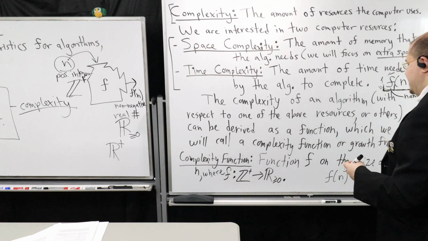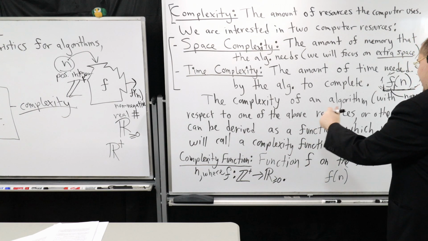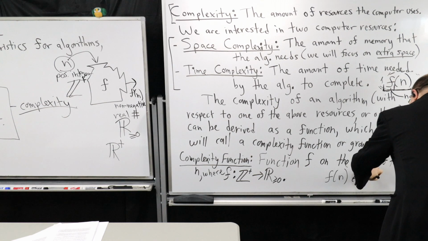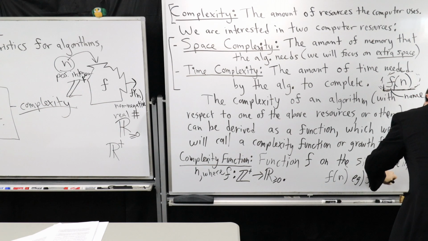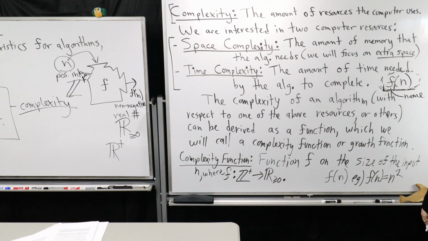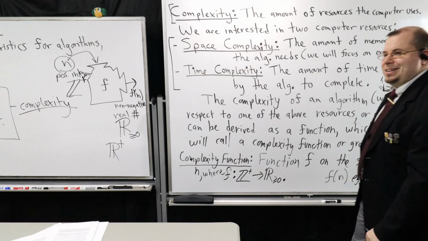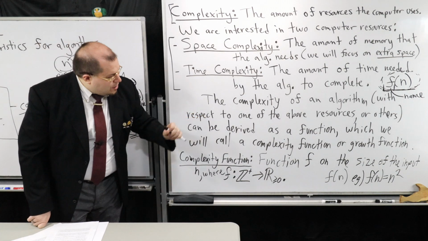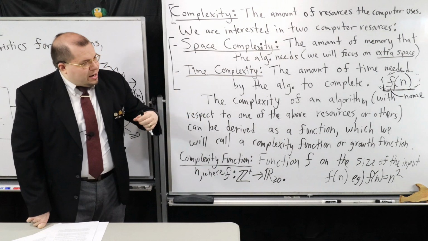Just as a quick example of what I mean by this, you might give me a function f of n is n squared. So that's a complexity function. Notice that every time I give you a positive integer, it gives me a non-negative real number.